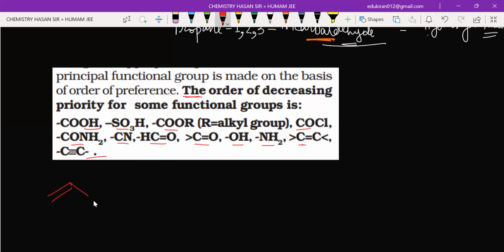For double bond, I would like to give you a question. Please do this.